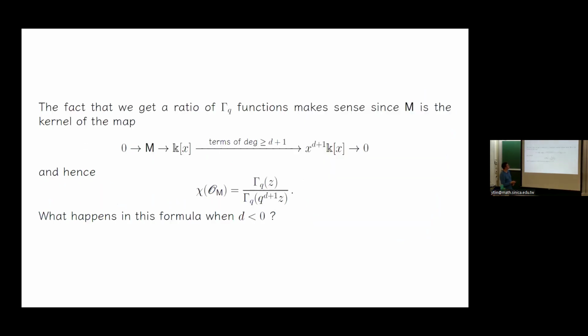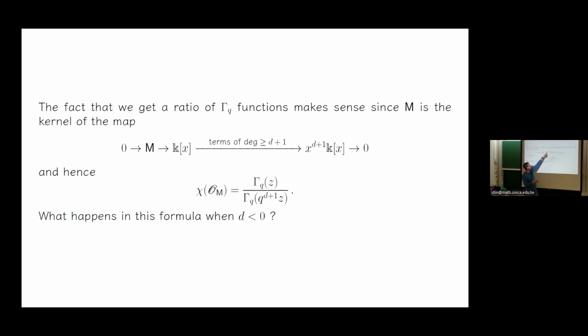Okay. And the fact that there's a ratio of gamma functions makes total sense, because how do we describe the sections of this line bundle? We decided the line bundle is formed by functions with pole of order at most d at infinity. So if we want to specify what it means to be a section, we have a function. We extract the terms of degree d and higher from this function.